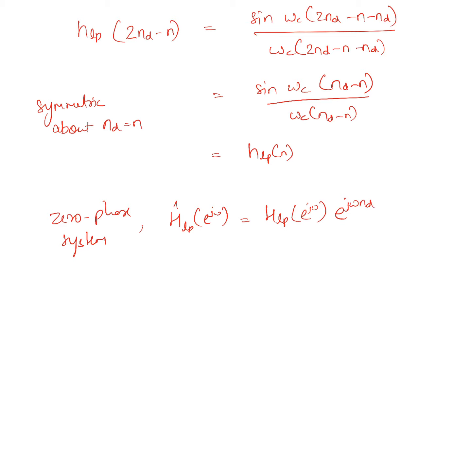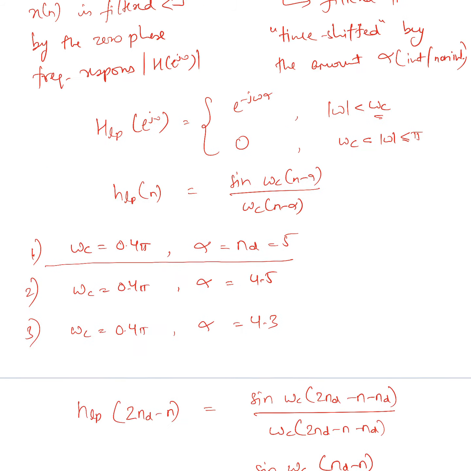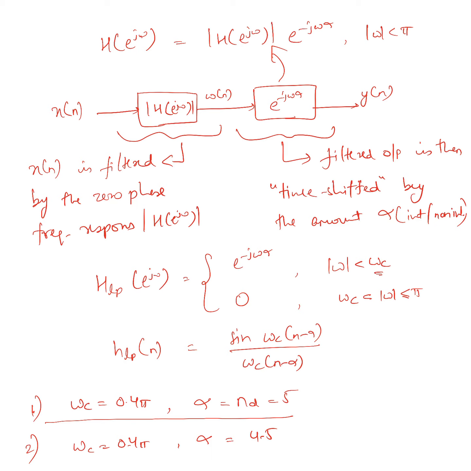So I have shifted that signal, and this is nothing but the magnitude of HLP, because the magnitude of the phase term would be 1 since nd is an integer. So this is the interpretation we were talking about. Here we have obtained the zero phase in the first case.